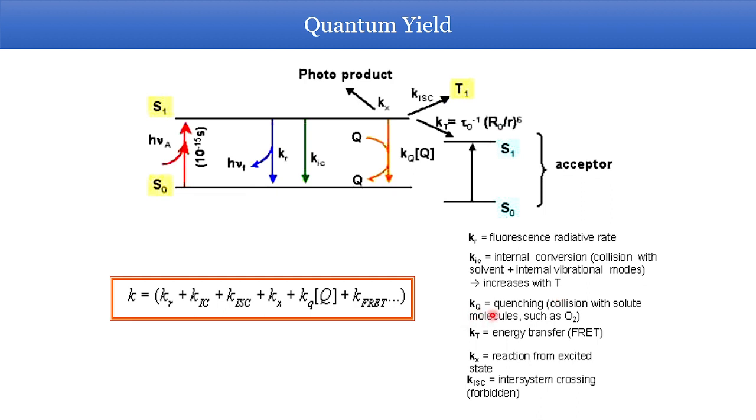Then we have the quenching constant that is obtained by collision with solute molecules such as O2. Then we have the energy transfer by FRET, then reaction from the excited state and the intersystem crossing factors. So all of these add up to give us this k.